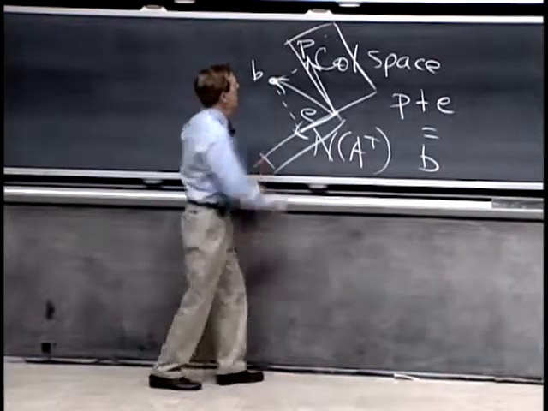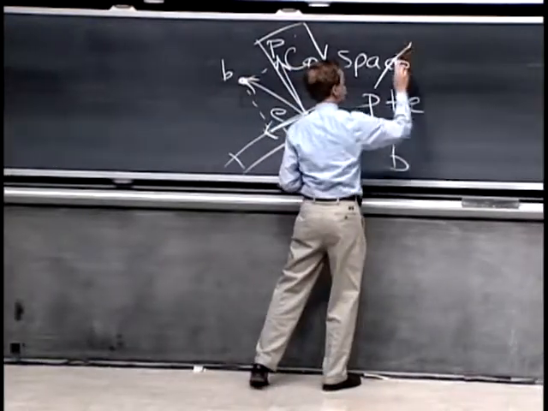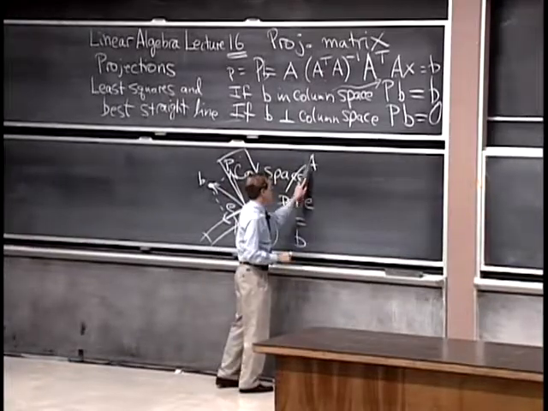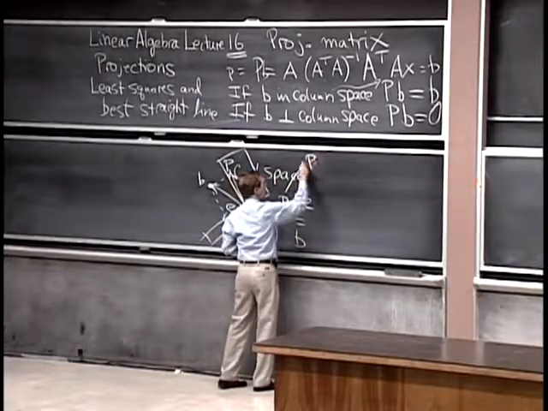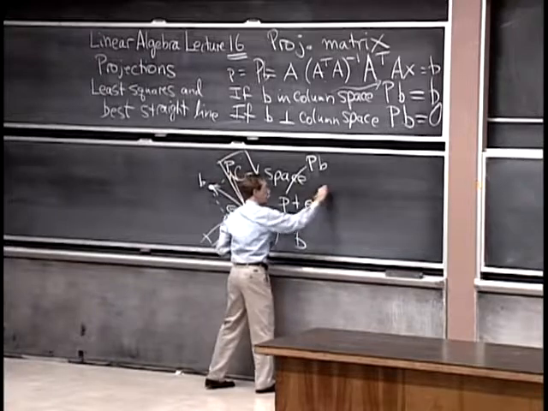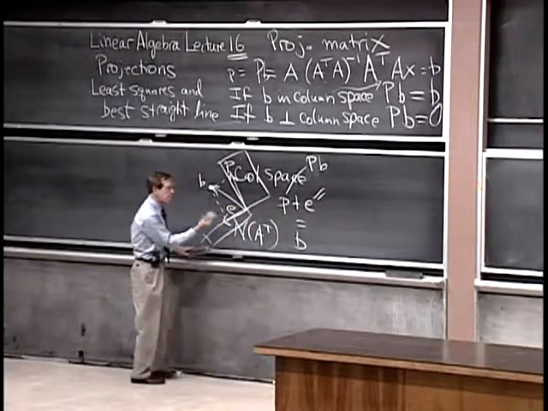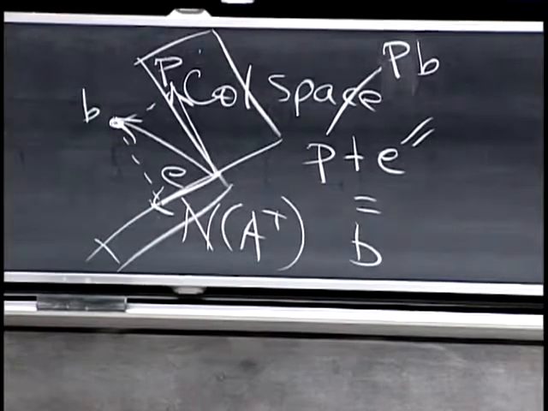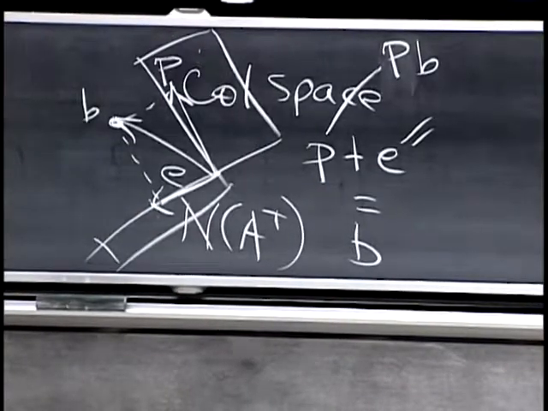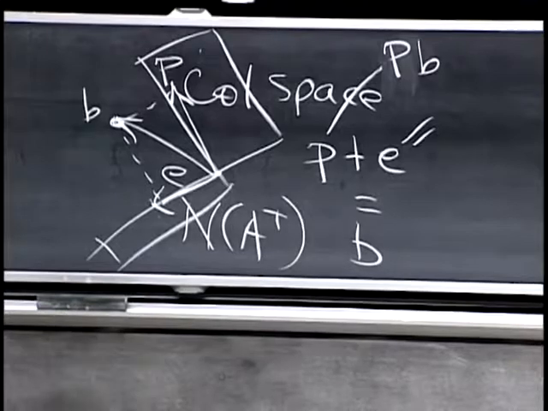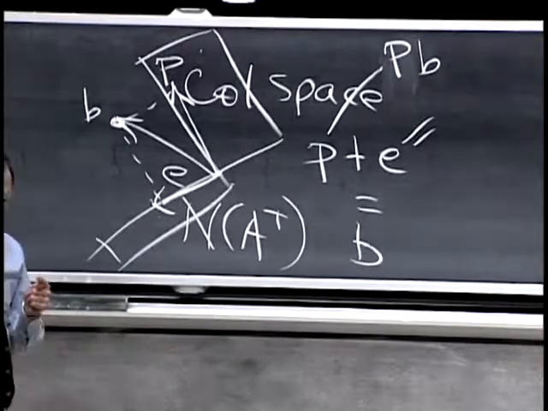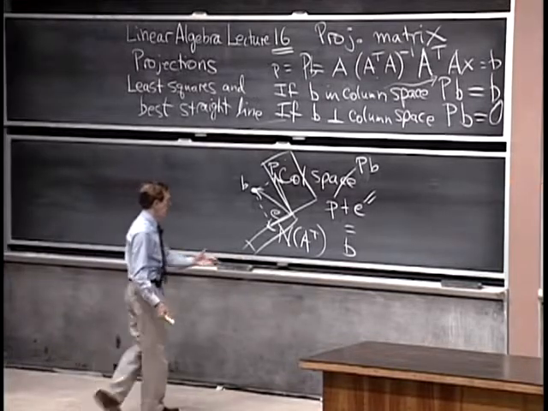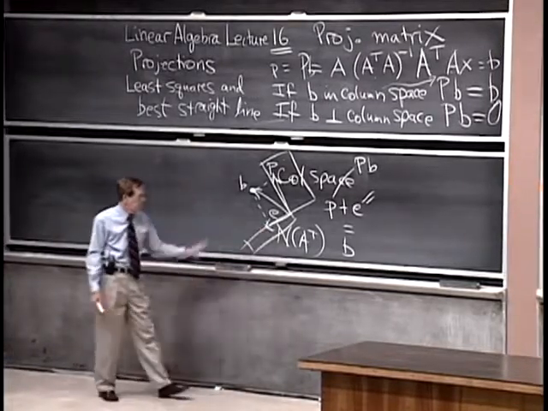So this is P is AB, is PB. It's the projection applied to B. And this one is, okay, that's a projection too. That's a projection down onto that space. What's a good formula for it? Suppose I ask you for the projection of the projection matrix onto this space, this perpendicular space.